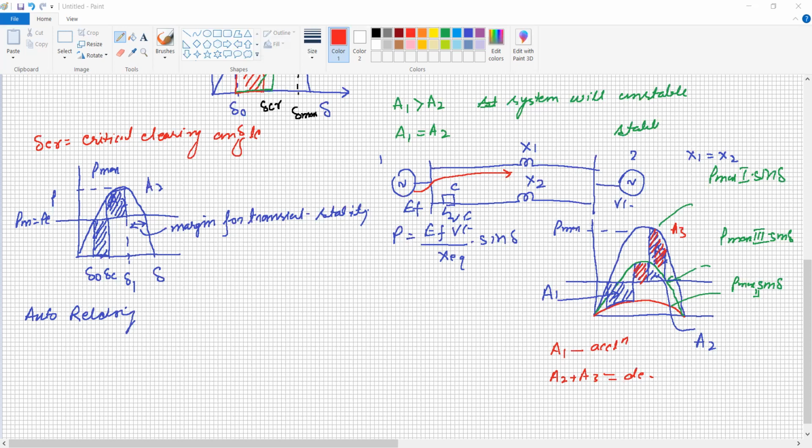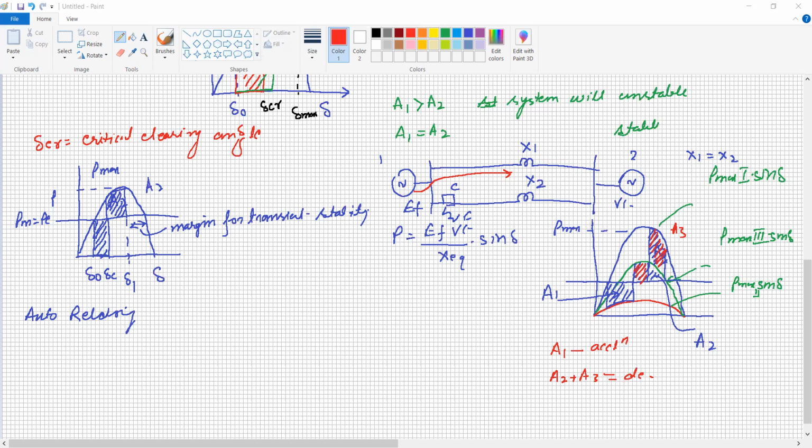Because of the sudden increase, the generator output is smaller and the generator input is more, so the generator is going to accelerate and its speed is going to increase. So this is the acceleration area. The generator is going to swing and try to find a new equilibrium position, and it will take some oscillation.